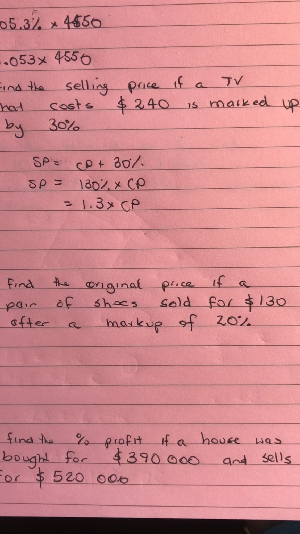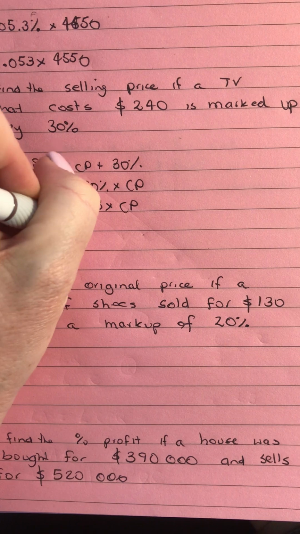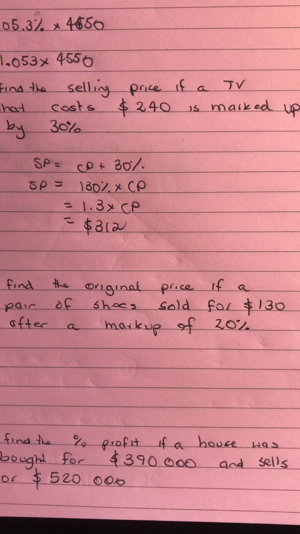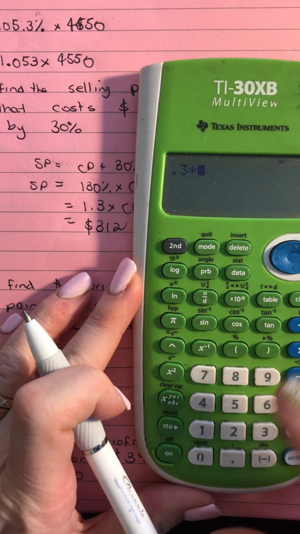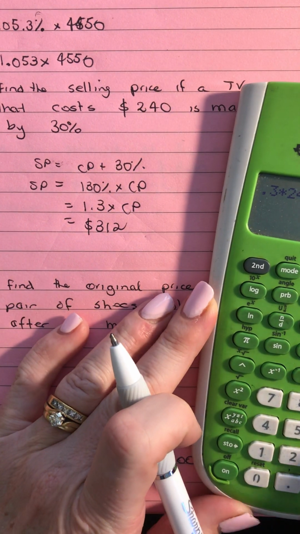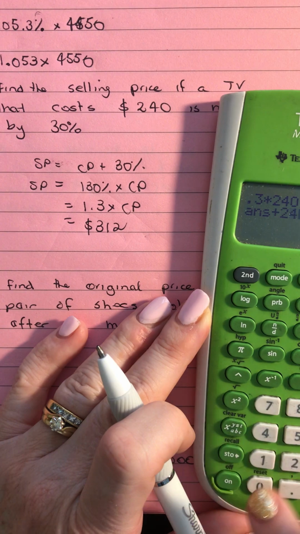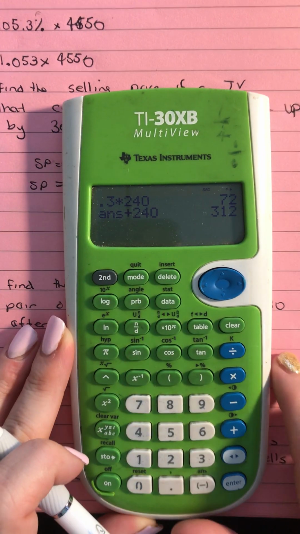Either way, we should get 312 as our answer. If we had just found 30% of the 240, we would have got 72, which we would have added onto the 240 and got 312 there.